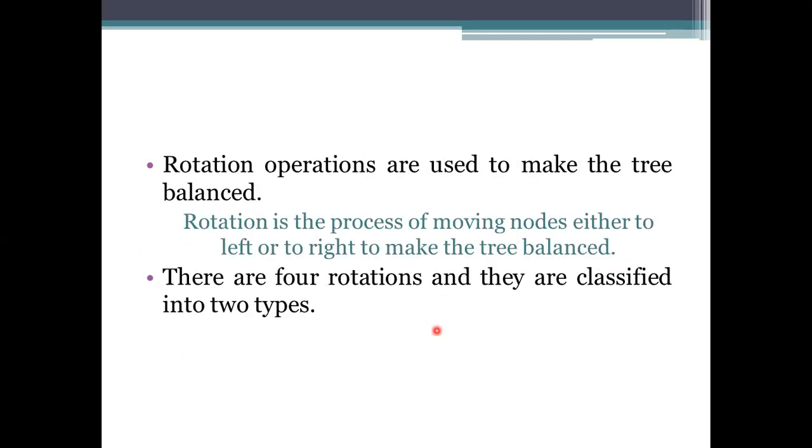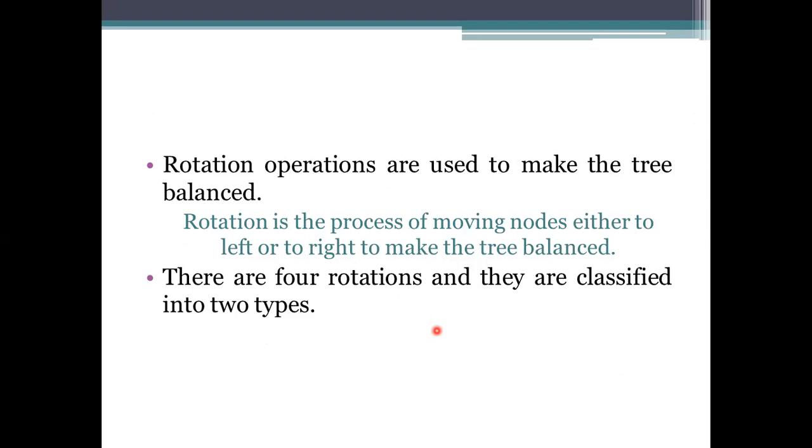So what are the tree rotations? In a rotation, we need to move the nodes to the left side or the right side, clockwise or anti-clockwise, whichever is needed, so that we make the tree a balanced one.